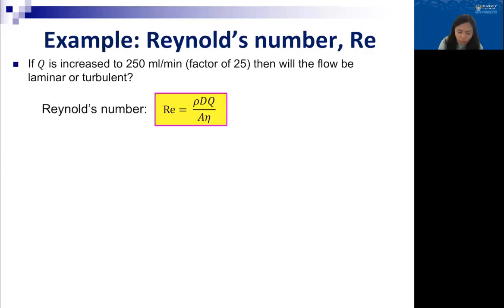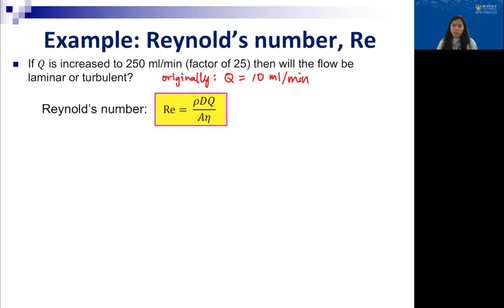So if the flow rate is increased to 250 milliliters per minute, that's a factor of 25, because originally the flow rate was 10 milliliters per minute, right?